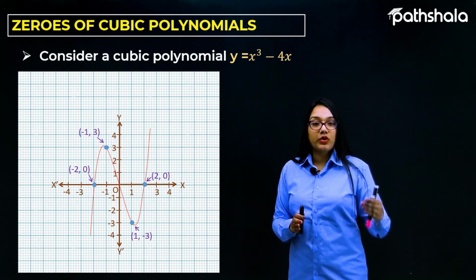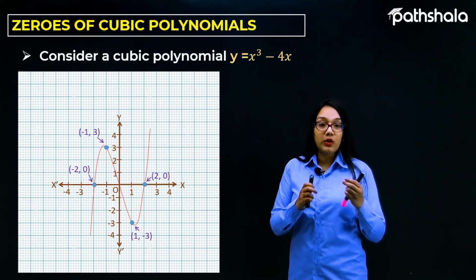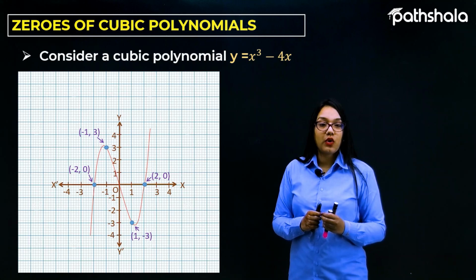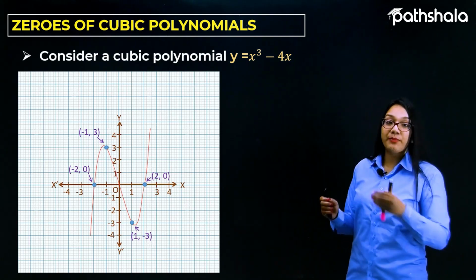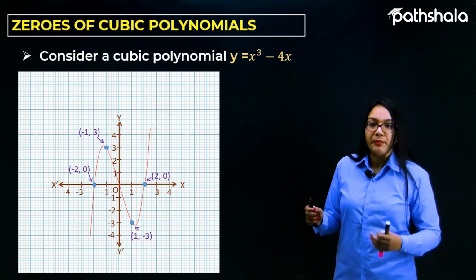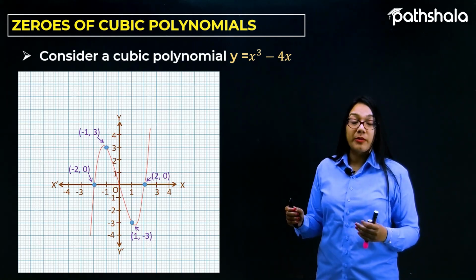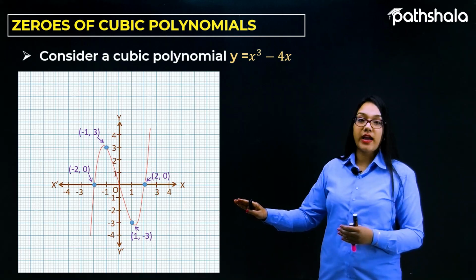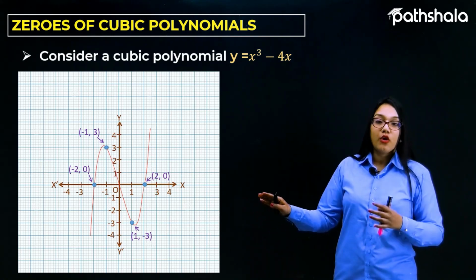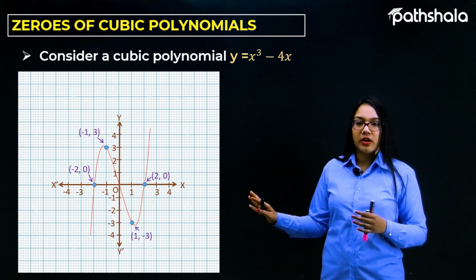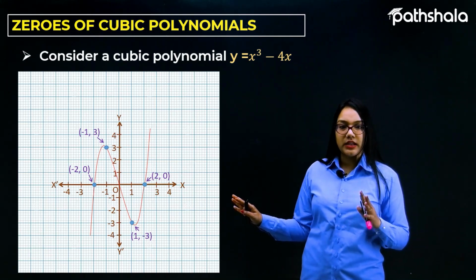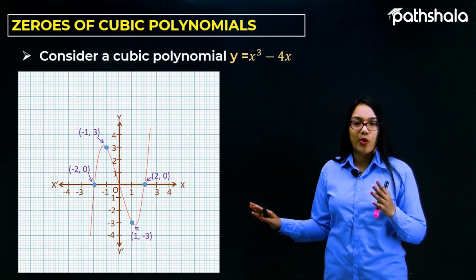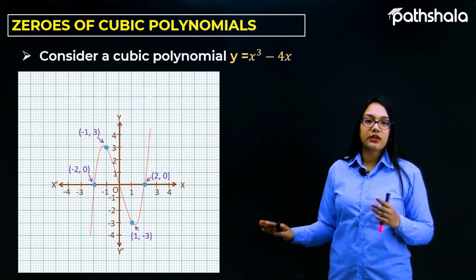We are talking about this result because we already have learned about the zeros of the linear polynomial and the quadratic polynomial. So in the same sense, we are talking about the zeros of a cubic polynomial after seeing the graph of y is equal to x cube minus 4x. From this graph, we can conclude that as the graph is intersecting the x-axis at 3 points, the x-coordinates of all these points are called the zeros of the cubic polynomial.